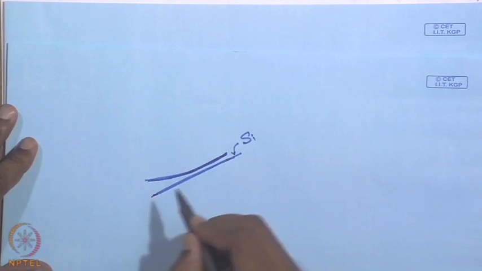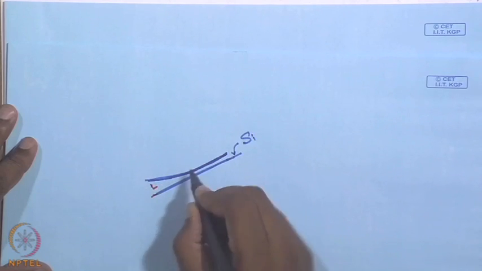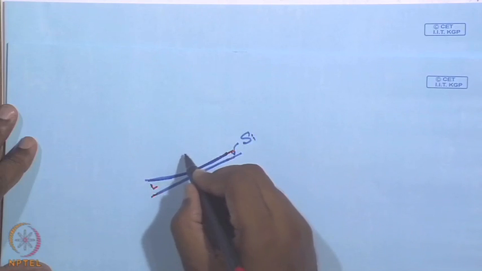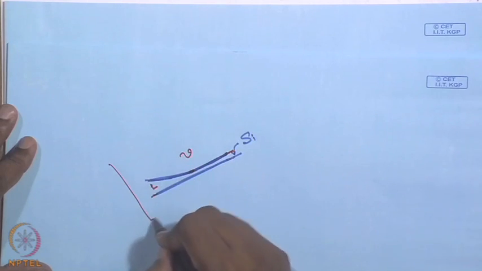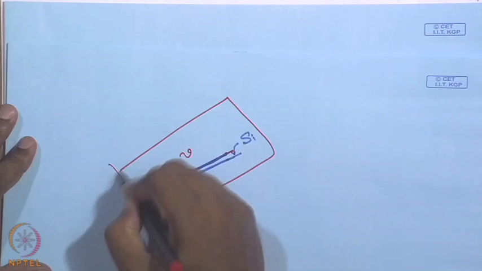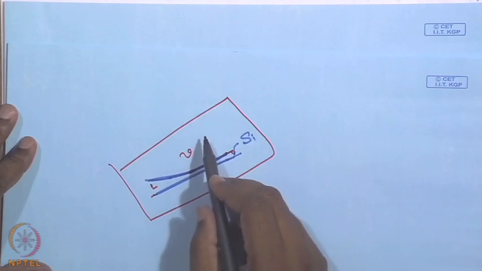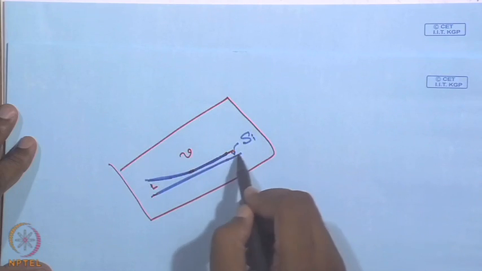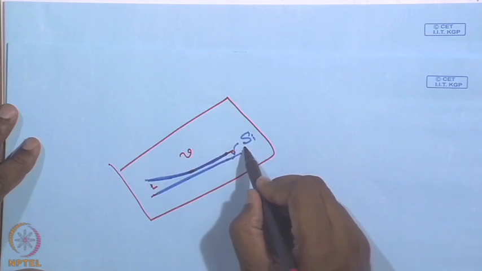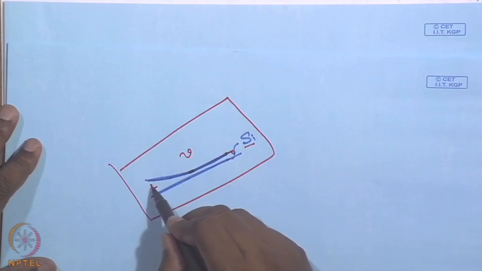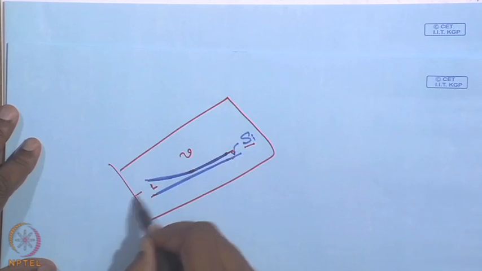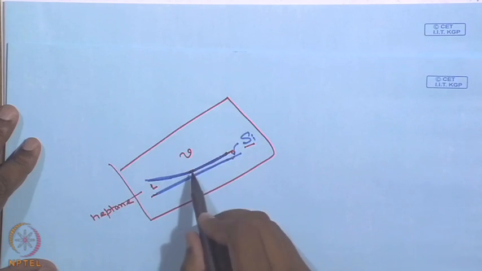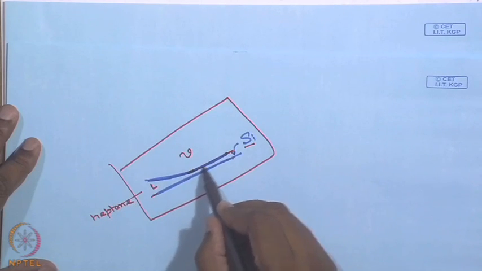So, I have a liquid pool and the film forms on the silicon wafer, and this is the vapor. This is enclosed in a chamber such that impurities from the ambient atmosphere cannot come and adsorb on the silicon. So, the silicon is carefully cleaned and then a liquid is added, and for this specific experiment the liquid used was ultra pure heptane, and we are looking at the behavior of the liquid film.